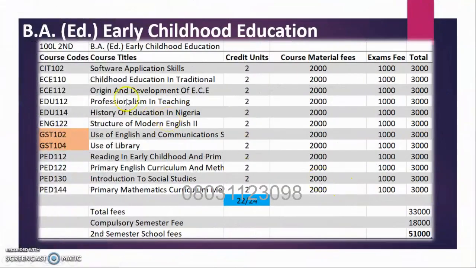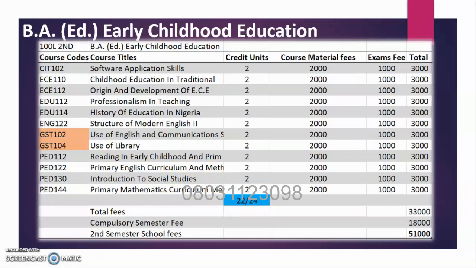Then 100 level second semester, these are your courses. Still a lot. You have up to 24 credit unit courses, but 22 are required of you, which means from the electives here you may drop one of the electives or so.